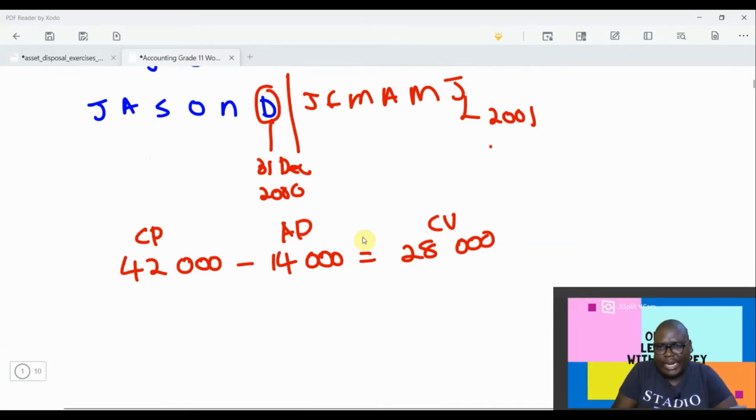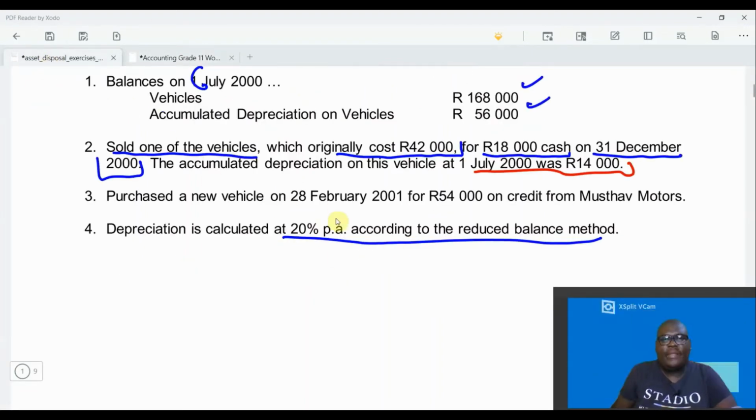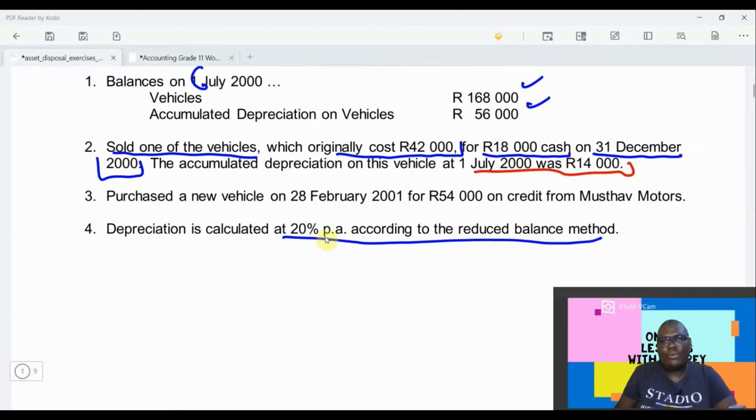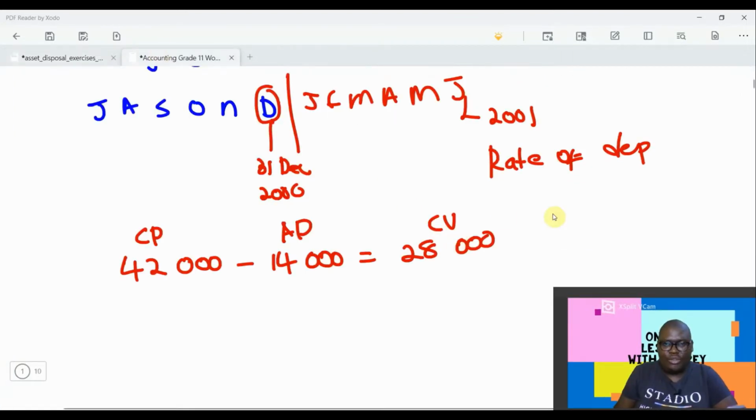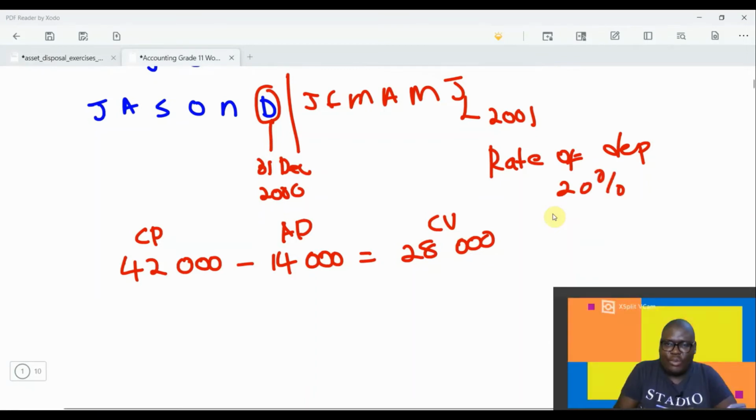Now we need to think about the rate of depreciation. We were told that the rate of depreciation is 20% per annum using the diminishing balance method. So we know that the rate is 20%. So we have the carrying value. It means that the current depreciation of the sold vehicle will have to be calculated on this.